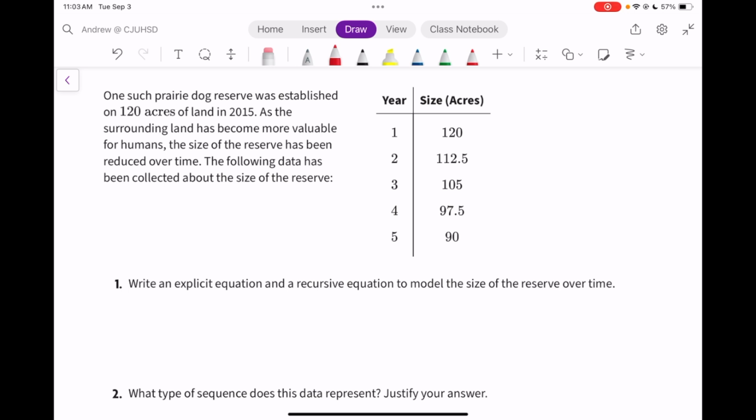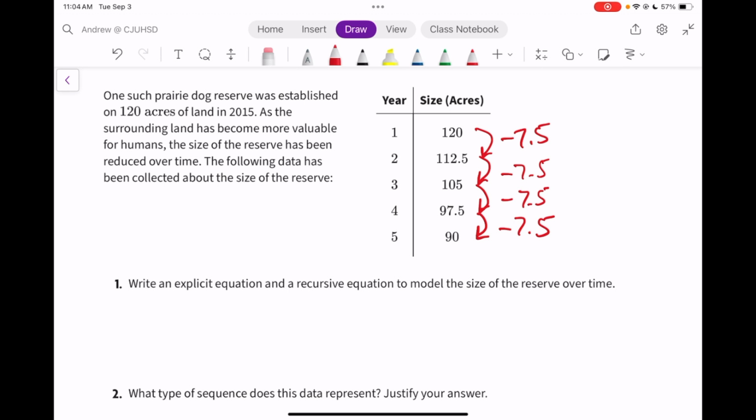How is it shrinking? What kind of a sequence is this? Well, the first thing you do is you look at the difference between the numbers. And with a calculator, you can really easily come up with the fact that every year it's minus 7.5 acres. That makes it arithmetic.